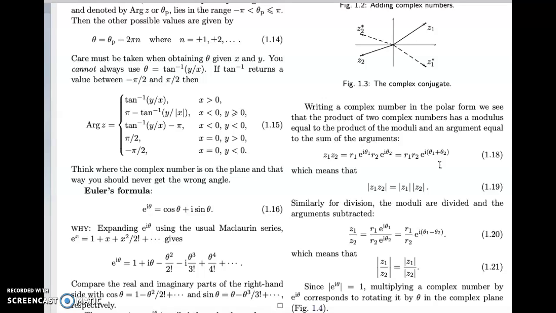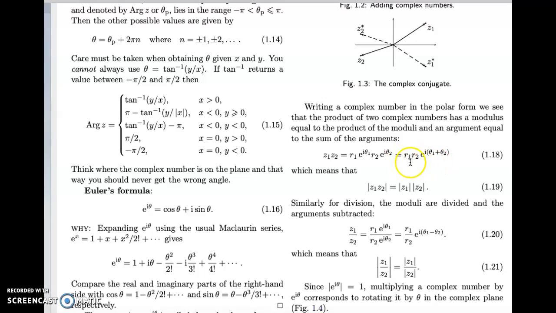So basically, by multiplying by a complex number, you effectively rotate the vector. If you've got one vector, z1, and you multiply it by another, z2, then what you're doing is rotating the original vector z1 by an anti-clockwise angle theta 2.